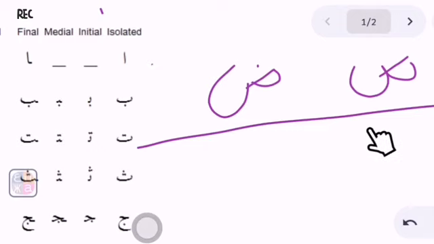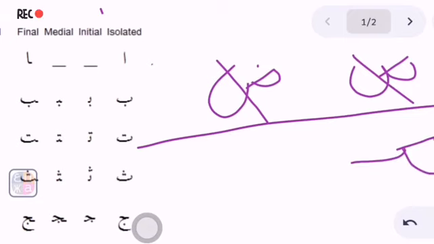These two letters, sad and dad, have the same structure too. The only difference between them is sad has no dot, while dad has a dot. And don't you forget what we said, that the curved area should be straightened. When you straighten that up, it will give you something like this.